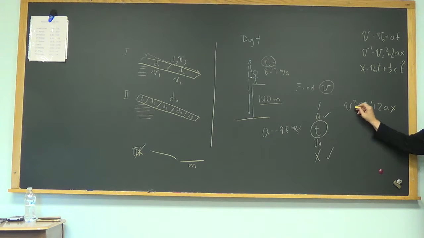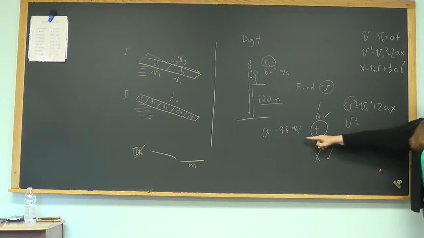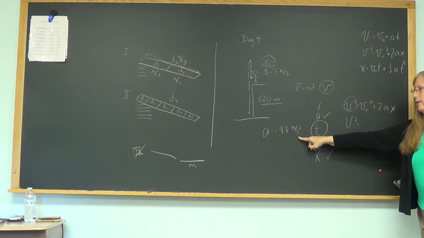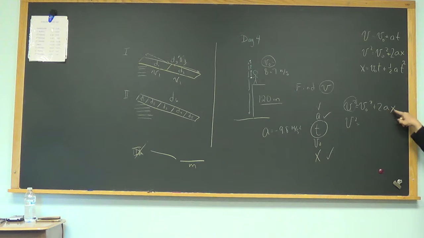The final velocity is what we're looking for, so you're not going to put anything in there. Go ahead and put in the initial velocity and square it. Add 2 times the acceleration, which is due to good old Mother Earth. And X is negative 120.